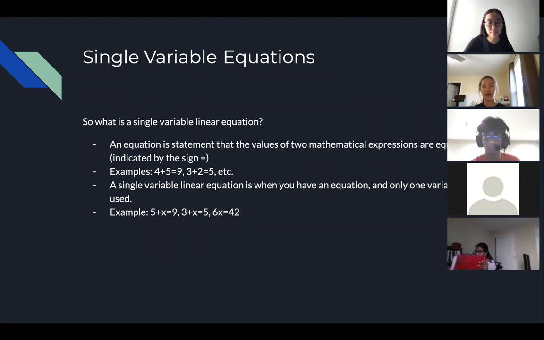And a single variable linear equation is when you have an equation like that and only one variable is used. So 5 plus x equals 9, 3 plus x equals 5, and 6x or 6 times x is equal to 42. Those would be examples of a single variable linear equation.